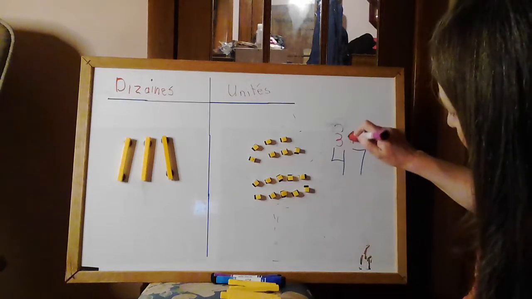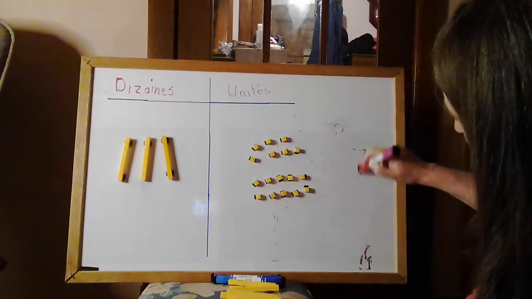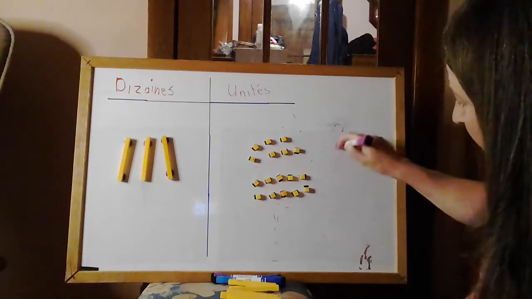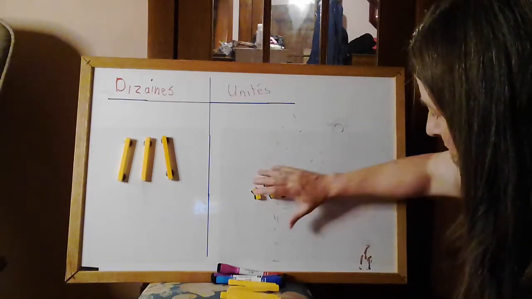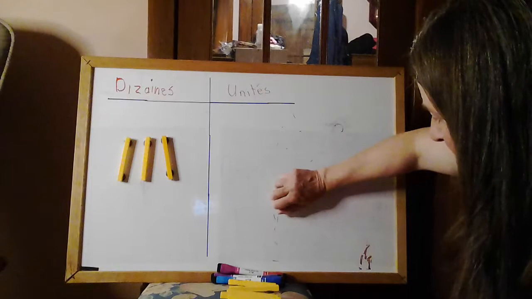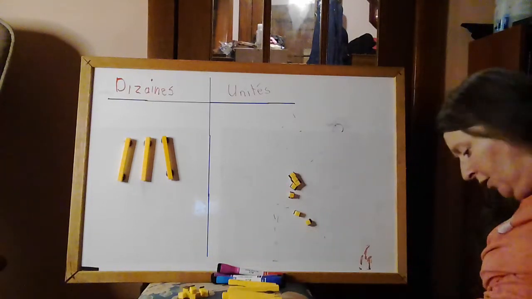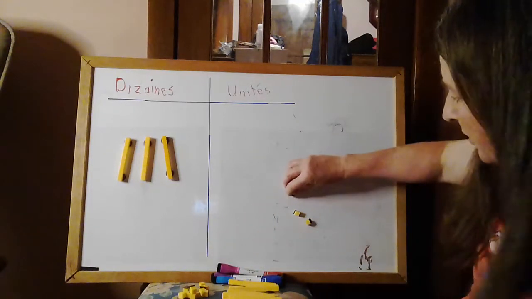Now we're going to take a little look at some subtraction questions. We spent a lot of time on addition, and now we're going to work on our subtraction of it.